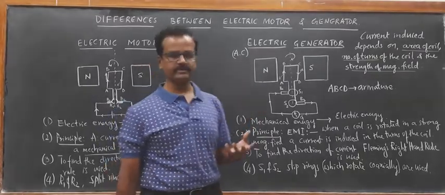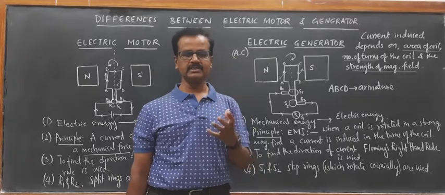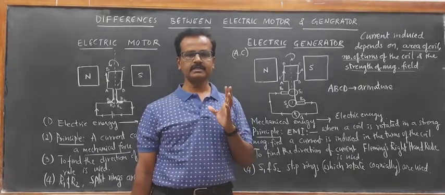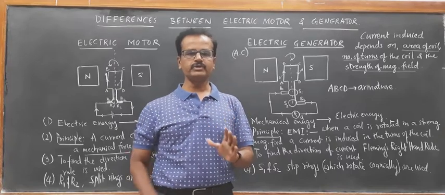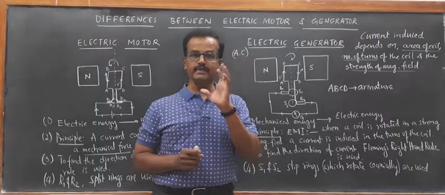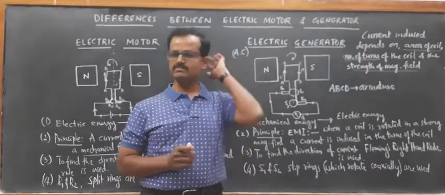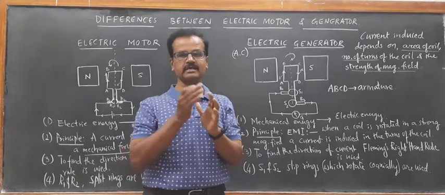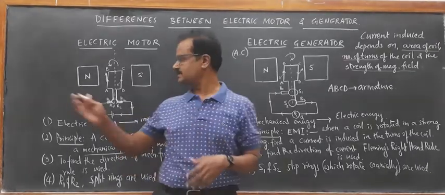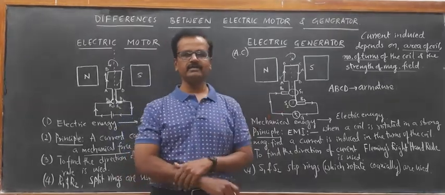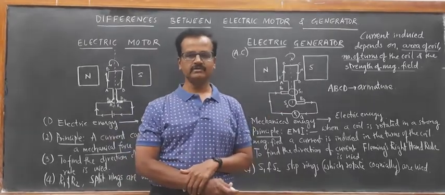But in case of DC generator, it is a device which produces direct current. There again, a single split ring is used. Single split ring in the sense, one single ring is taken and it is cut into two halves. So the direction of current doesn't change at all.